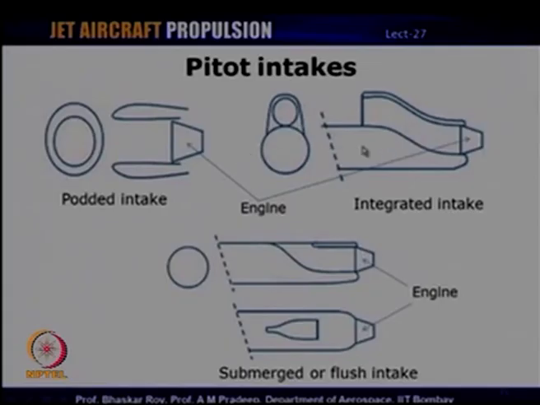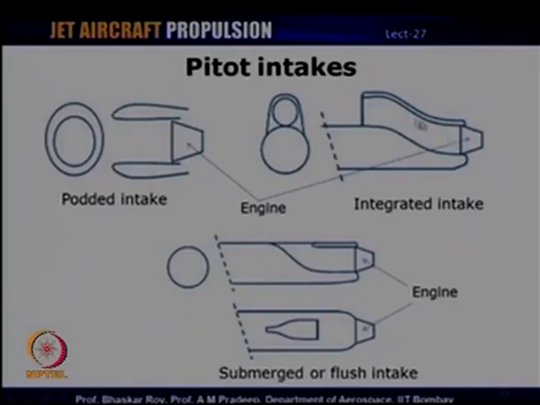The other type of pitot intake is the integrated intake. So, this is shown here. This is an integrated intake wherein the engine is mounted here, and it is not in the same axis as where the intake is beginning, which is why it is called an integrated intake, because the engine is partly within the fuselage itself, and so the intake has to divert flow from the sides of the fuselage into the engine through a ducting.